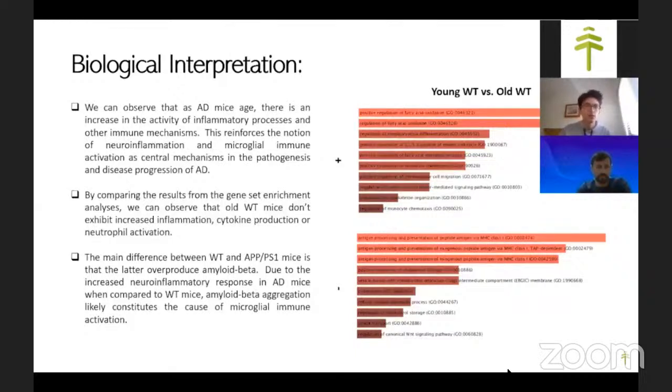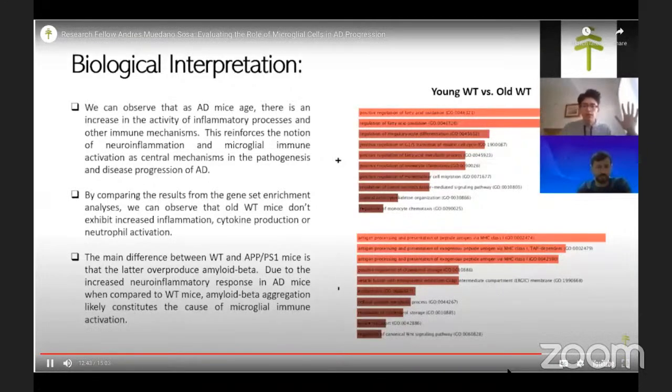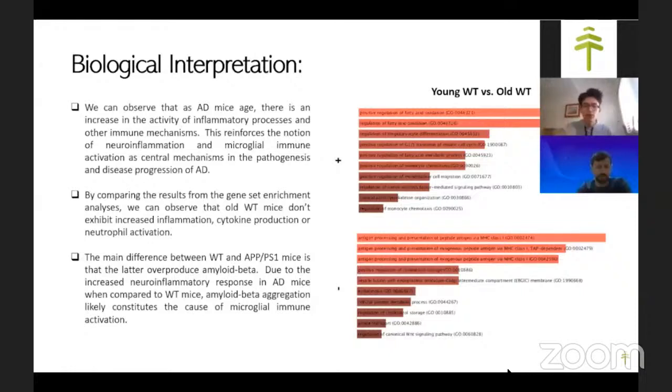And as I had previously said, this immune activation, this neuroinflammatory response in the brain, has been shown to exacerbate the development of neurofibrillary tangles. So this really reinforces this link between amyloid beta plaques and neurofibrillary tangles, and that link is this neuroinflammatory response.